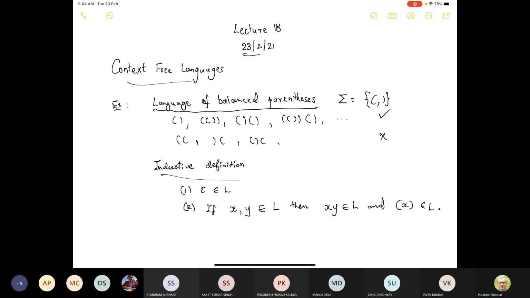So this is the inductive definition of strings belonging to the language.